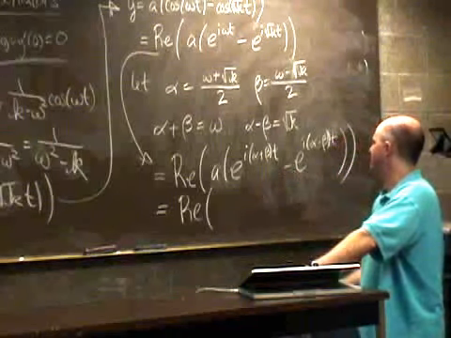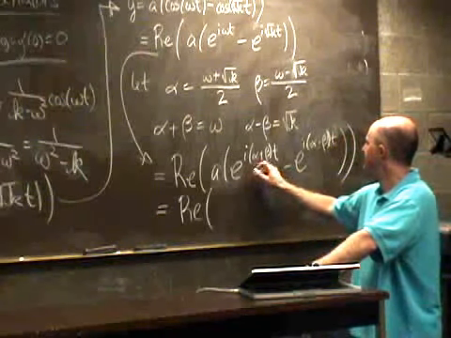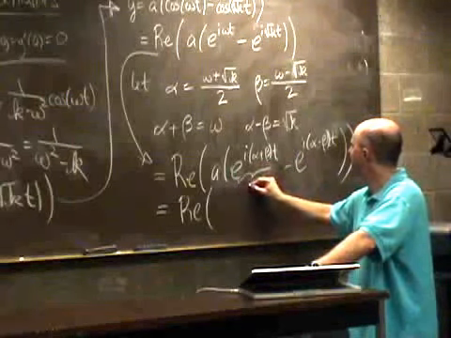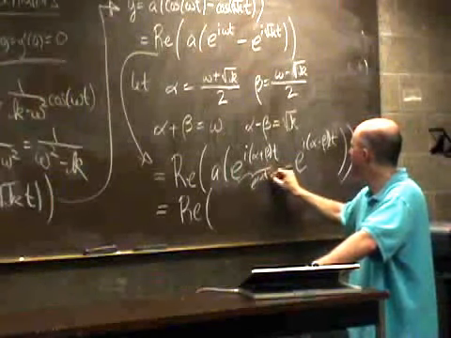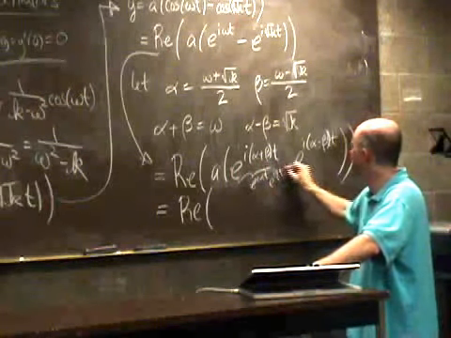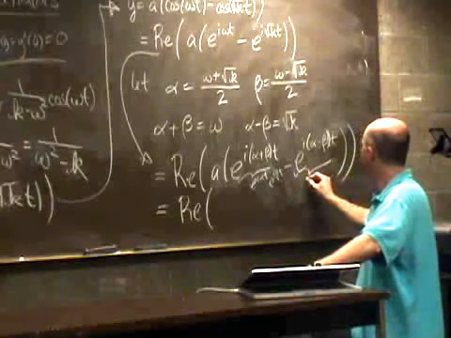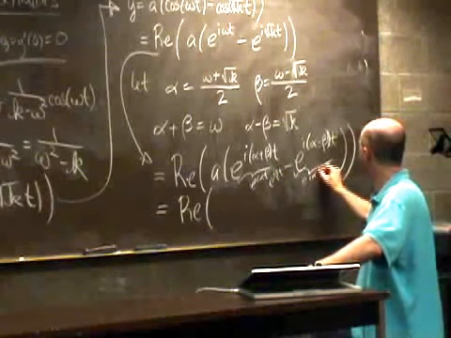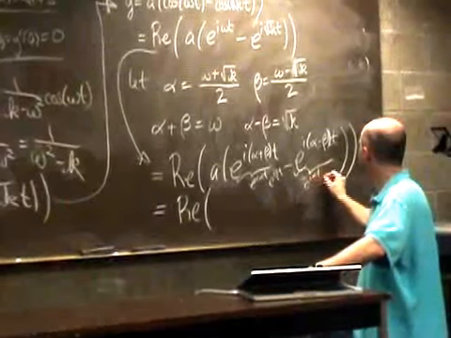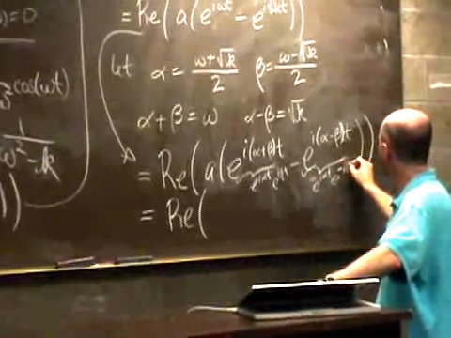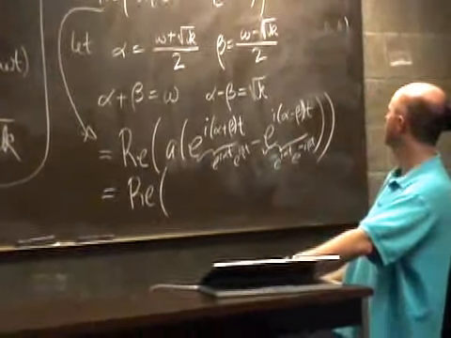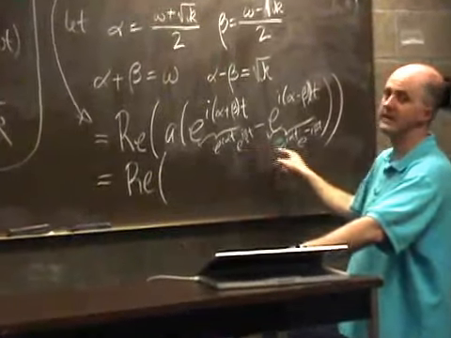Here we again use rules of exponents. This thing here can be written as e to the i alpha t times e to the i beta t. And this thing right here can be written as e to the i alpha t times e to the negative i beta t. And there's a common factor of e to the i alpha t.